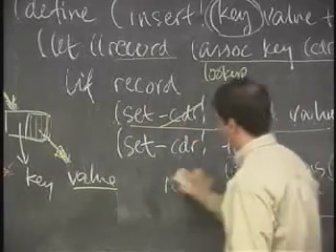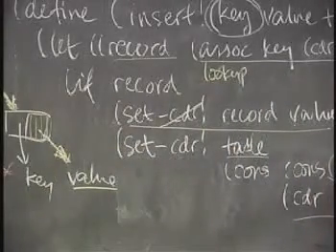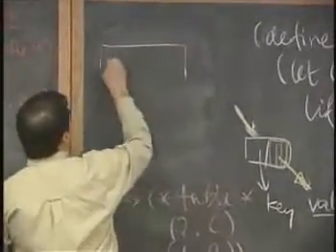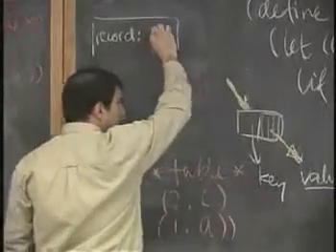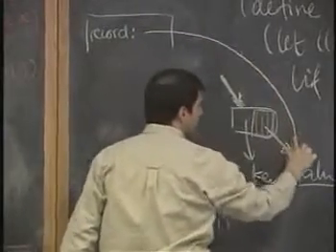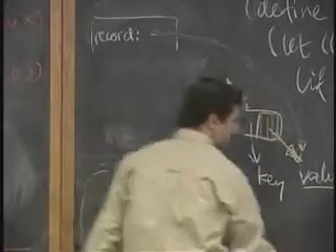If we draw an environment diagram, which we're going to be doing a ton of in a second, we have record, and it is pointing, in the current case, to here.